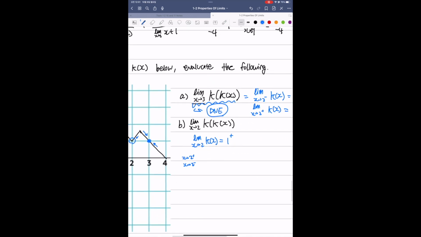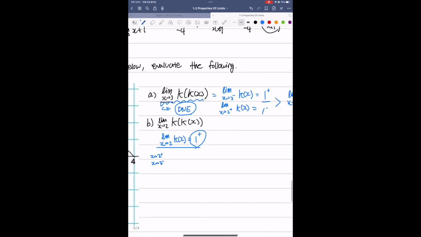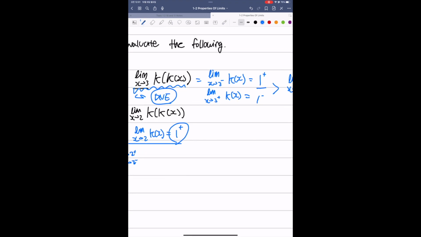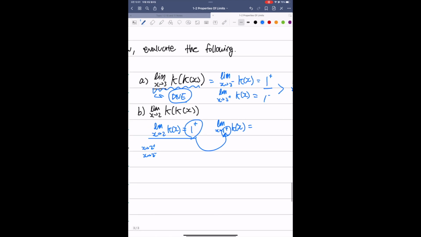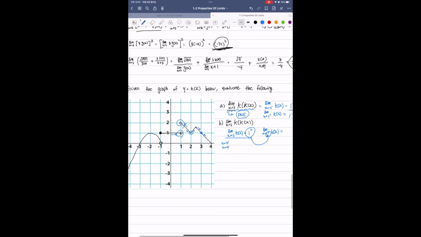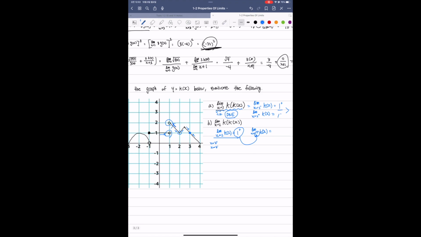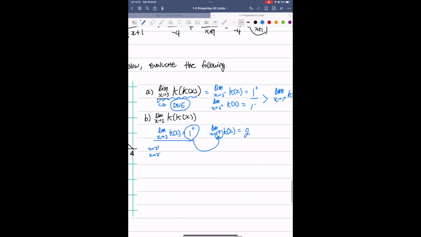Therefore, the limit of k(x) towards 2 equals 1 plus, and by this value, according to the composition rule, it goes into another function, which is the limit as x goes towards 1 plus of k(x), which equals 2. Therefore, the answer that we look for in question B is 2.